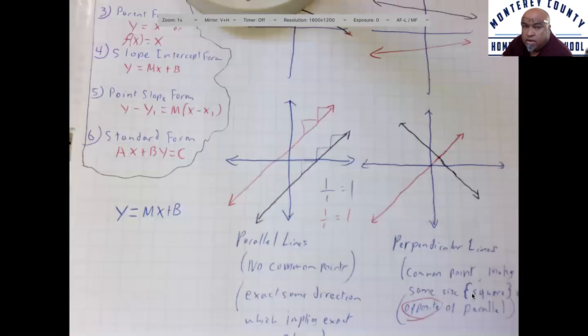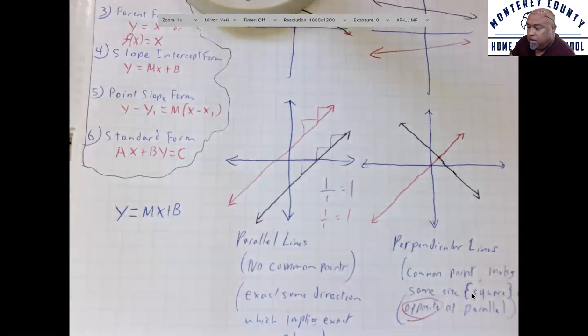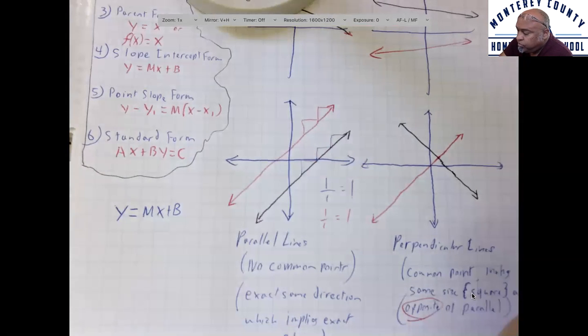Even though we have standard form and point-slope form, slope-intercept form is usually the easiest to use, so that's kind of the go-to form. Whenever you're trying to translate a graph into an equation, that's usually the easiest one to start with. Why? Because it just gives you so much information.